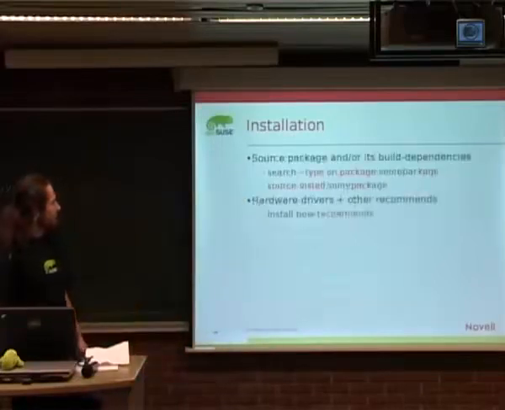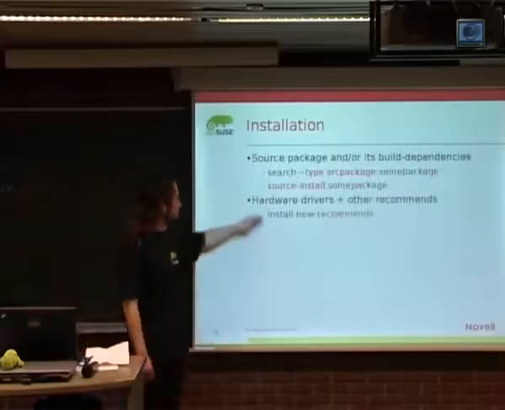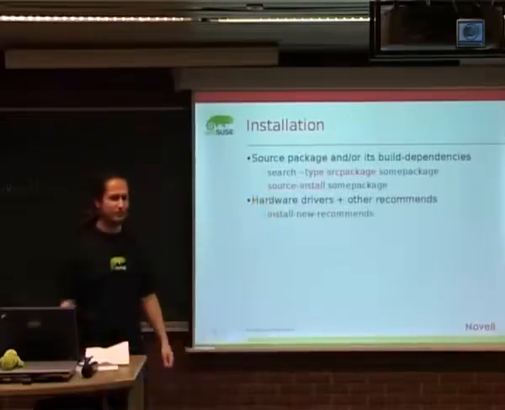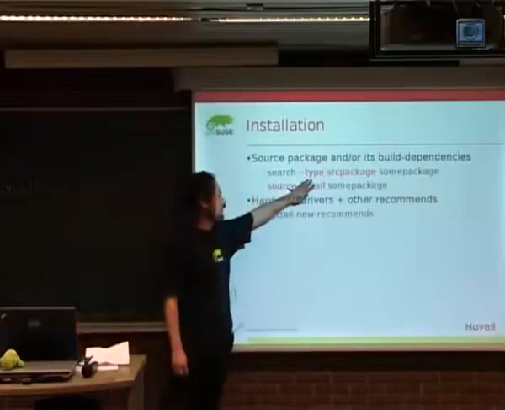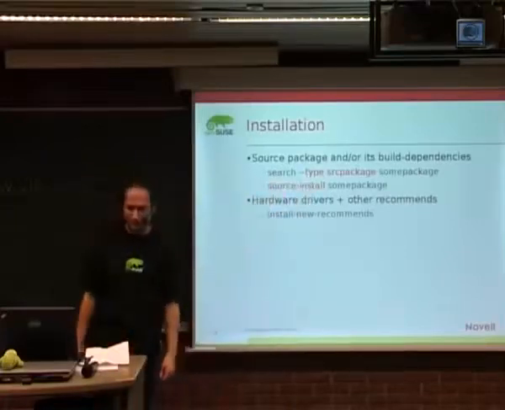This is one of my other favorite features of Zypper. You can install source packages and their build dependencies. This is very handy for developers. Just search for source packages in your repository, like with the pattern case.